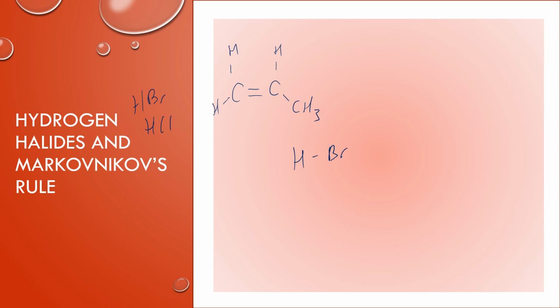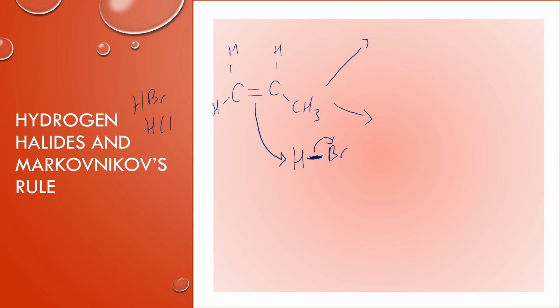When this reacts, the double bond is going to attract the hydrogens because they're slightly positive, and the bond is going to transfer electrons over to the bromine, and you're going to add hydrogen on there. Now, there are two possibilities.